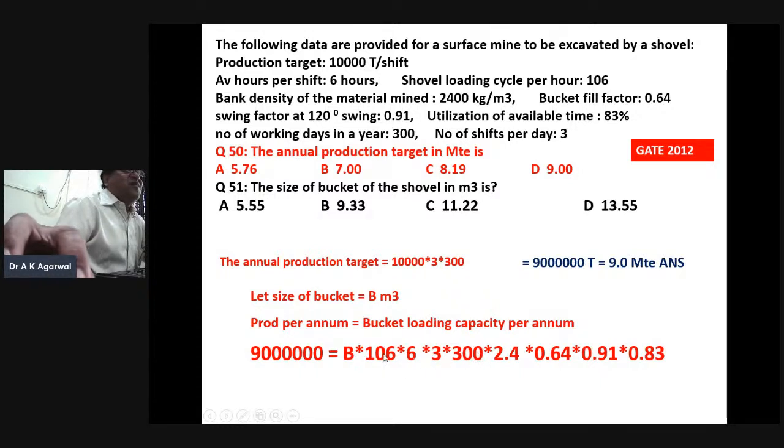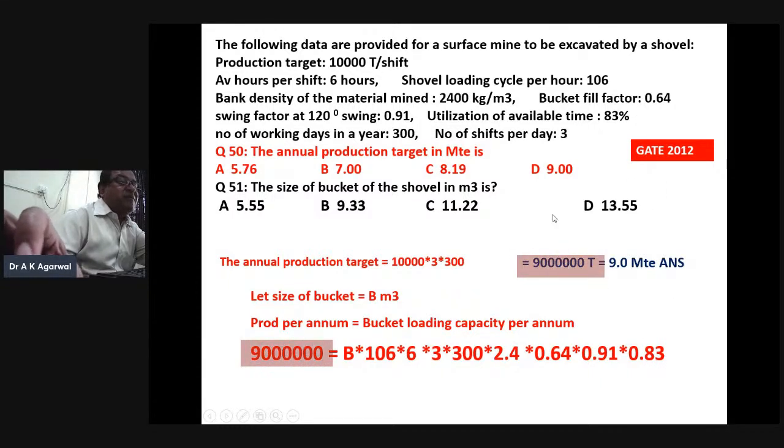This is the time frame. What is 2.4? This is the density: 2400 kilogram per meter cube divided by 1000, so it is 2.4 tons per meter cube. Fill factor 0.64. Swing factor at 120 degree swing 0.91, because capacity will decrease, and utilization of available time is 83%, that is 0.83. So let us go one by one.